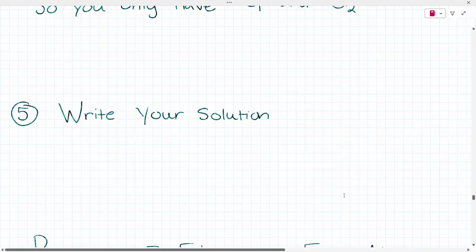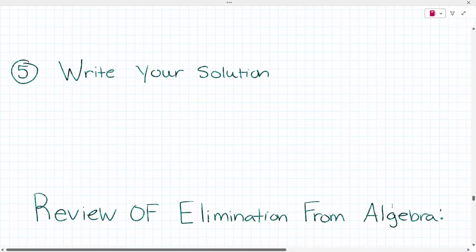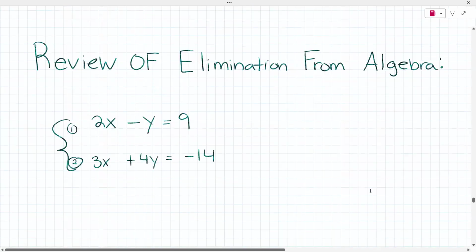So a little bit of review of elimination from algebra. Let's say you had 2x minus y equals 9, and then 3x plus 4y equals negative 14. How would you solve for x and y? You would do elimination.